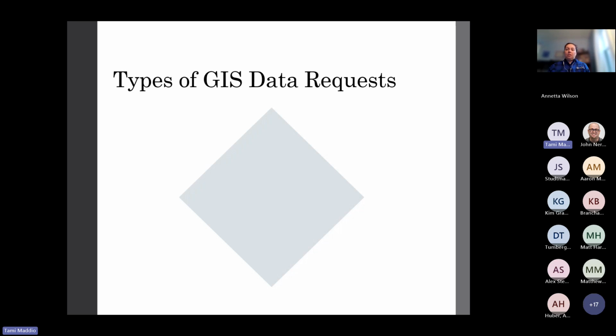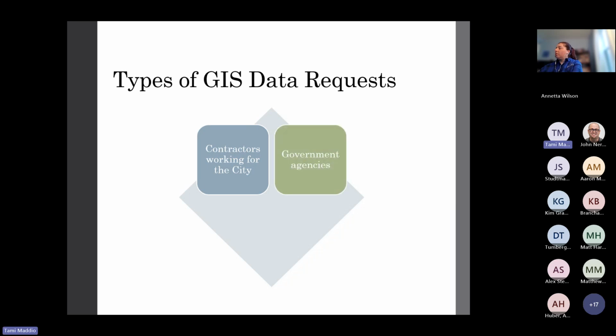So, types of data requests that we're getting, and I think this is pretty universal. We get a lot of data requests from contractors that are working for the city that are part of a project. We get data requests from other government agencies, other cities, county, state, watershed districts, and school districts.